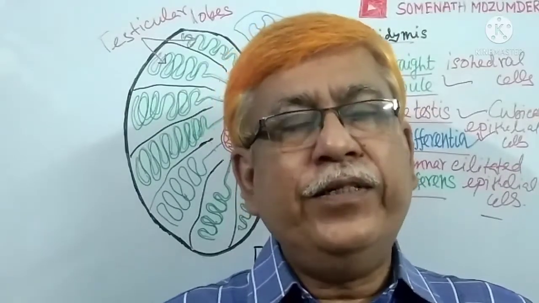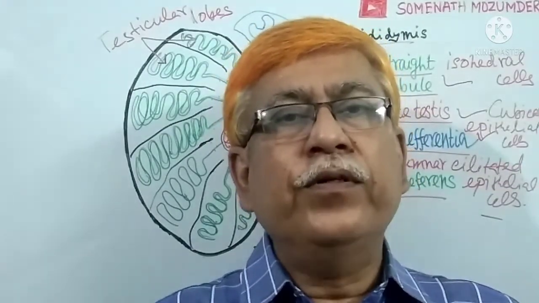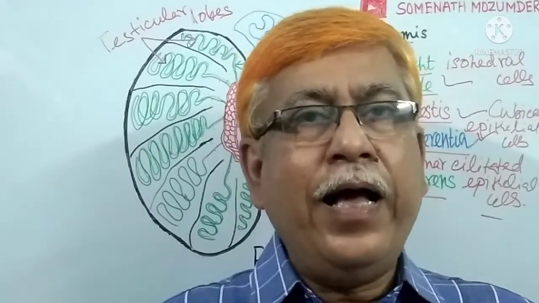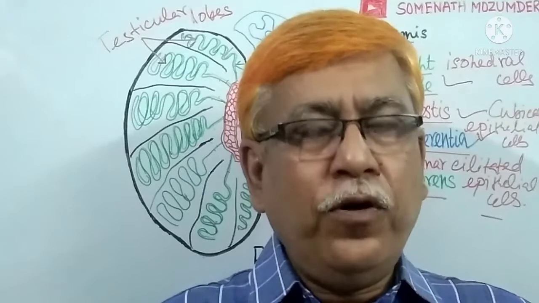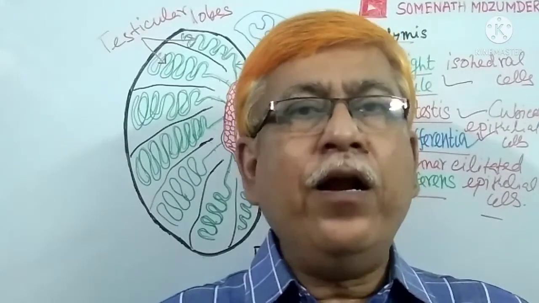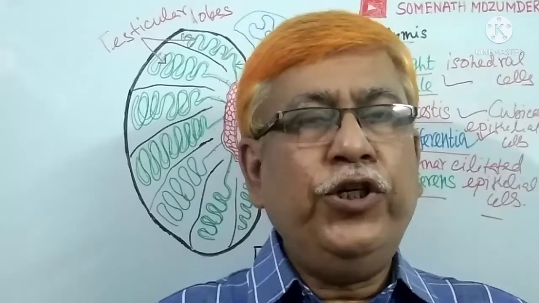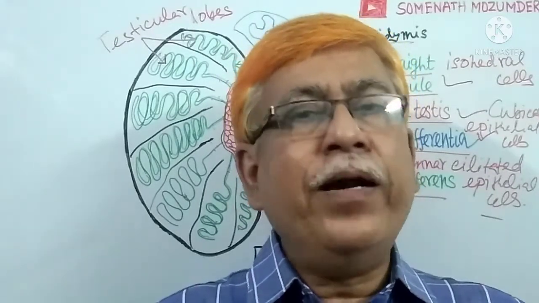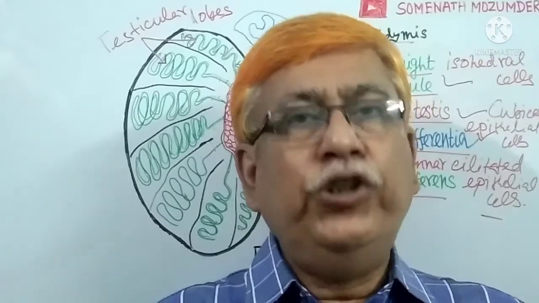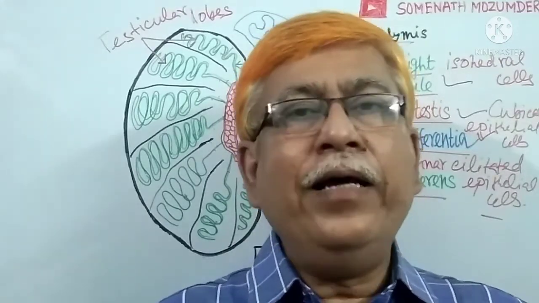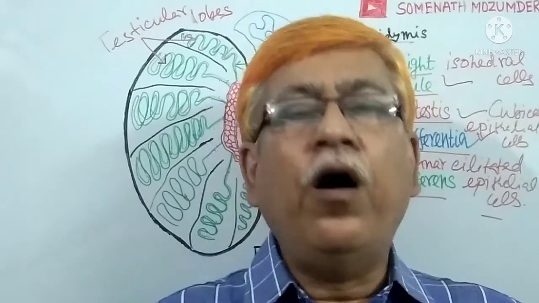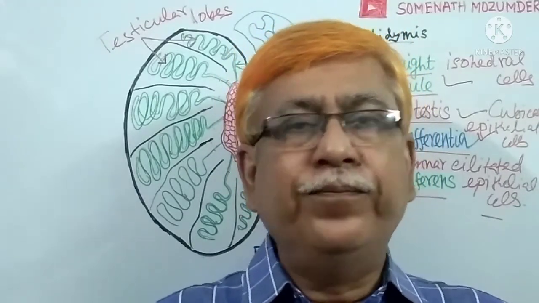Function of testis. Actually, testis is a mixed gland. It acts as both exocrine gland and endocrine gland. Exocrine function of testis: testis produces spermatozoa or sperms within the seminiferous tubule under the influence of gonadotropic hormone of the anterior pituitary gland.